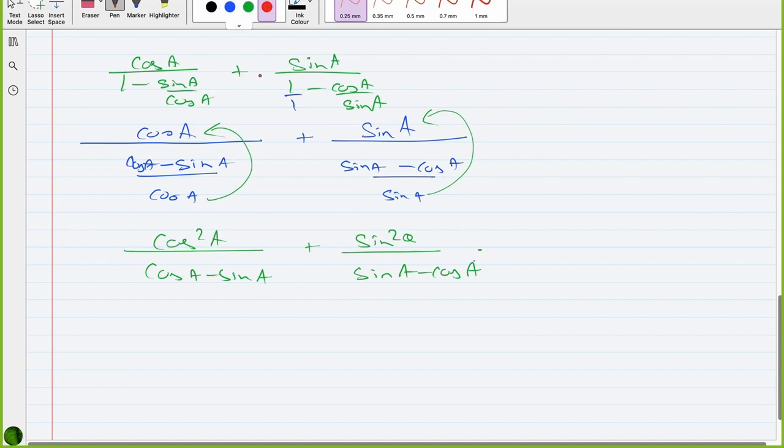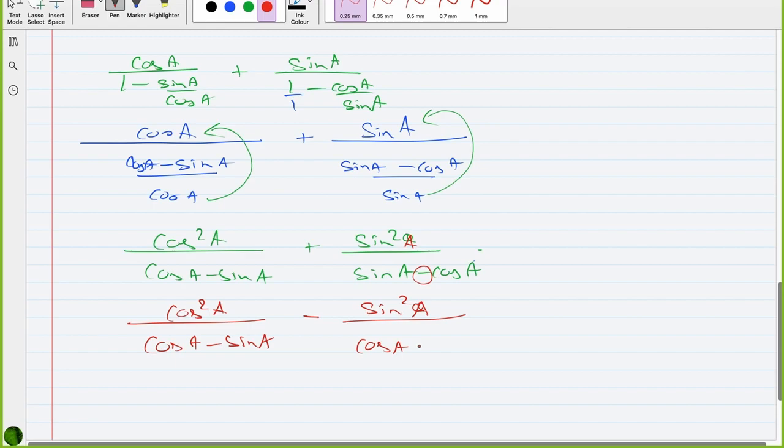Now see, we have almost the same denominators but the sign is different. So I'm taking out this negative sign as common. So writing cos square A over cos A minus sin A. If I take out that negative sign as common, I'm left with sin square A, and in the denominator this will become cos A minus sin A, as I took the negative sign out and changed the sign of the denominator.